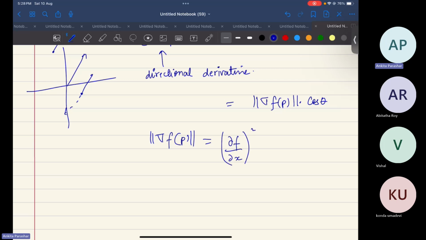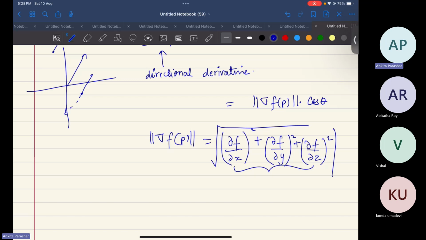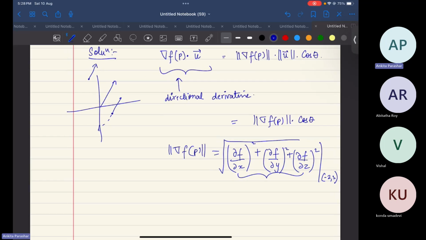Yes, it is with the root, right? And in these you have to compute at that point. I think what is given to you is -2, 3. Yes, this is the point I think.